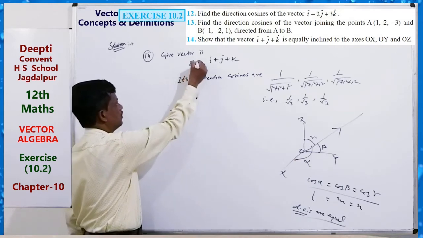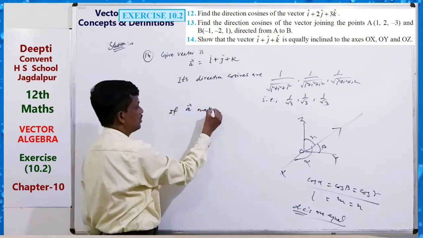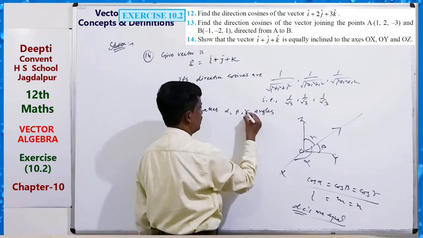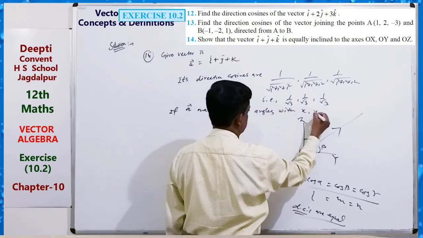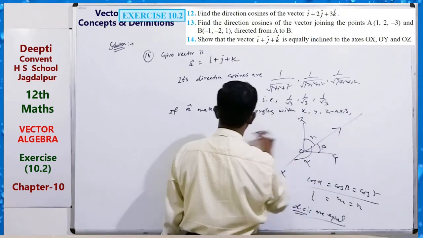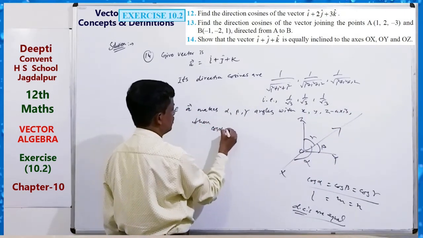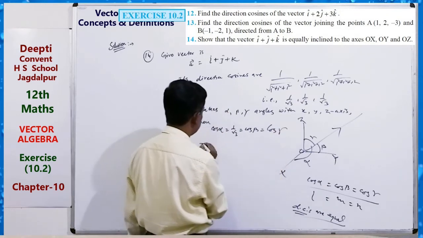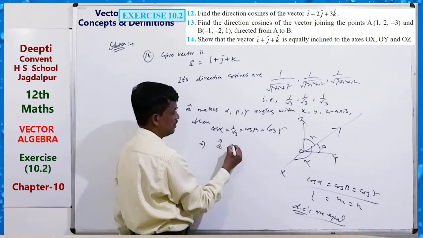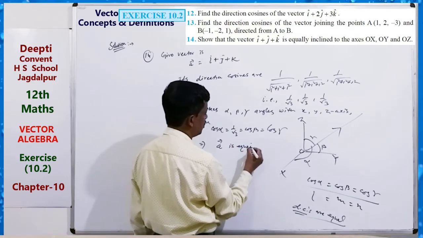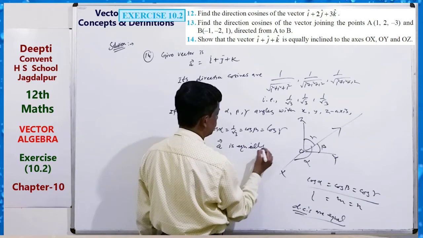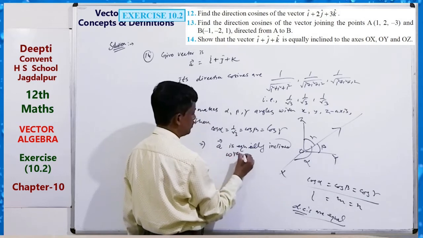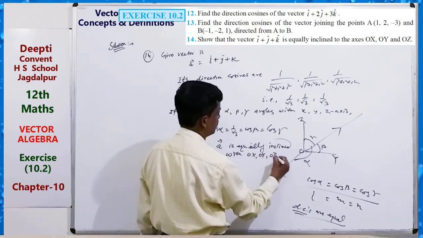If A makes angles alpha, beta, gamma with the x, y and z axes, then cos alpha equals 1 by root 3 equals cos beta equals cos gamma, which implies A is equally inclined with Ox, Oy, Oz.